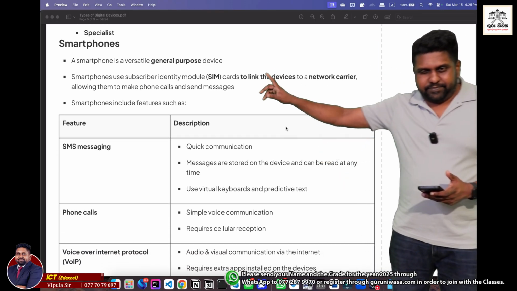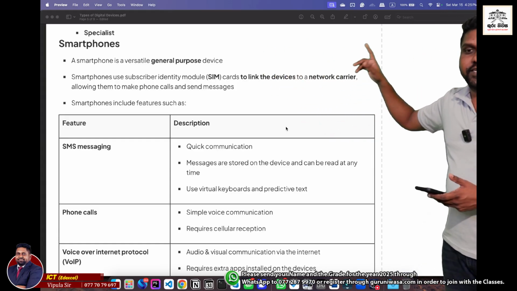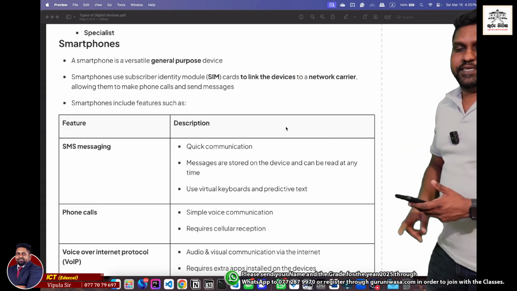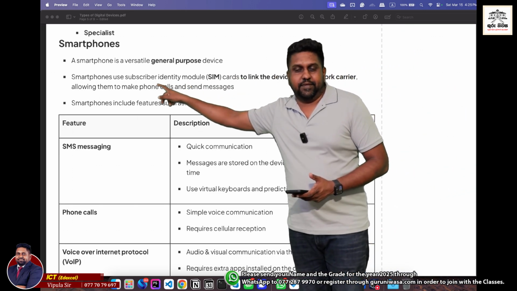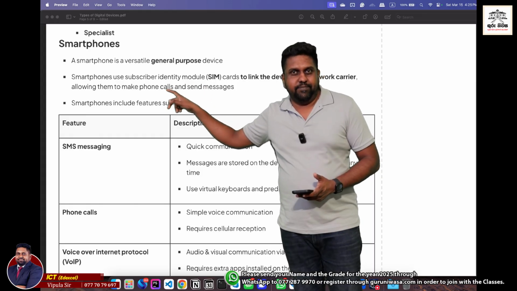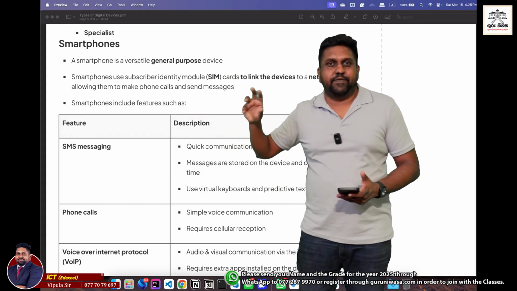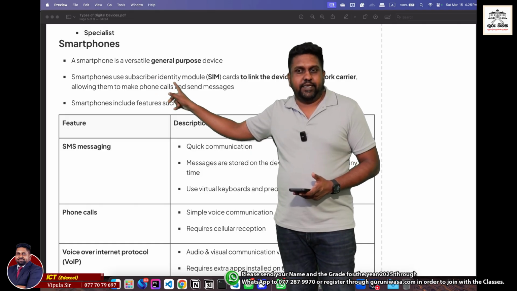So remember, general purpose device plus smartphones use a SIM card. Please do highlight this particular word, SIM. The meaning behind SIM is subscriber identity module.